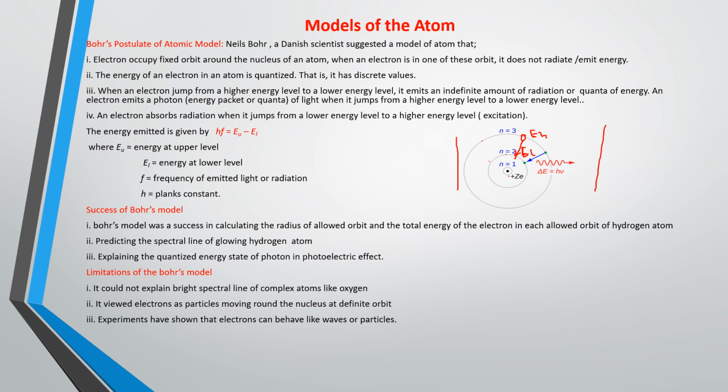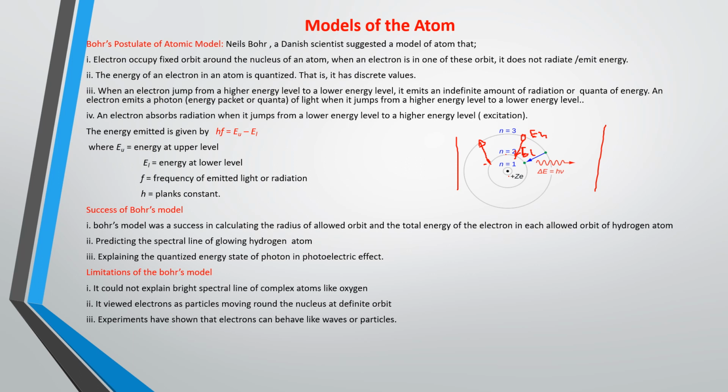And also, when an electron absorbs energy, or radiation, it becomes excited, and it can move from a lower energy level to a higher energy level. So when an electron absorbs quanta of energy, it becomes excited, and it can move from a lower energy level to a higher energy level, as the case may be.